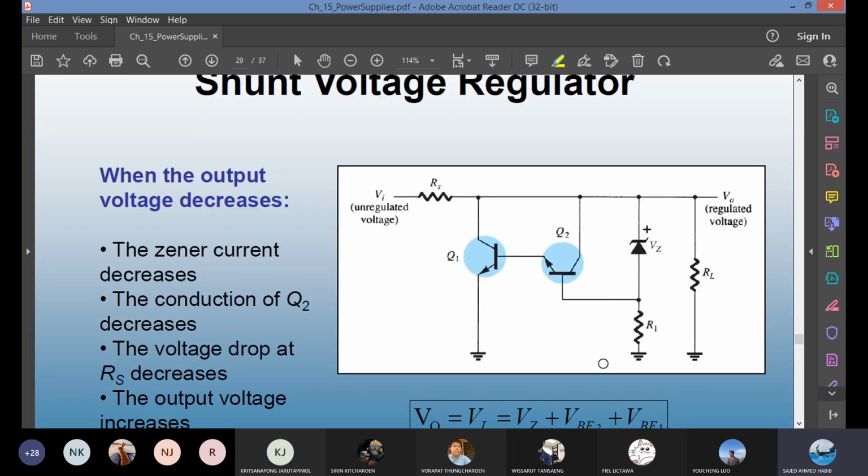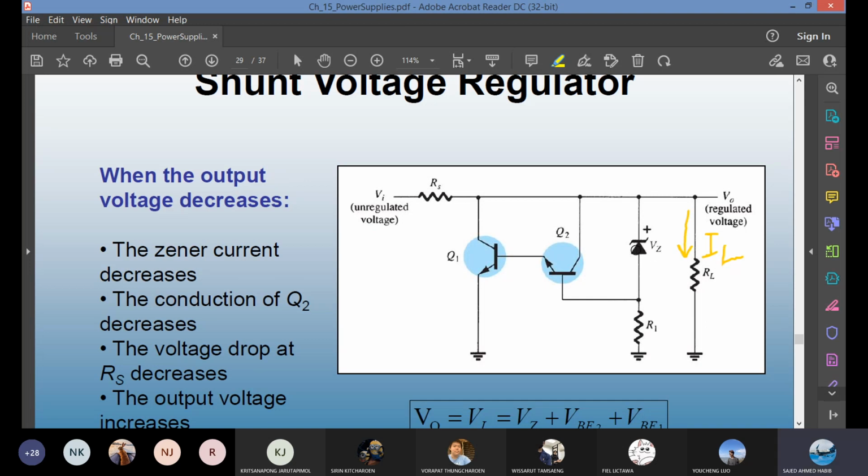What happens when the output voltage tries to decrease? Output voltage trying to decrease means IL, let's call it IL. On this slide, I will just sketch IL. When the output voltage decreases, you have a fixed RL, so which one has to go down? IL is going down.